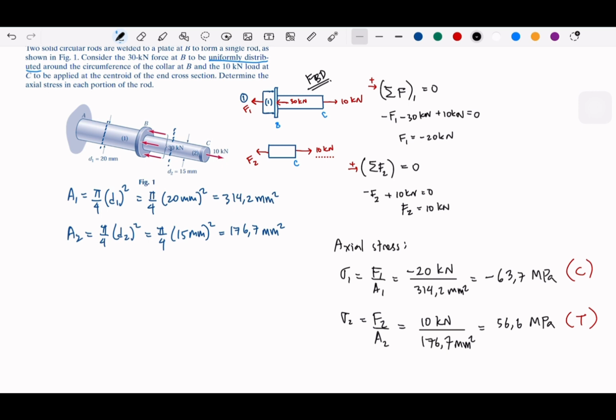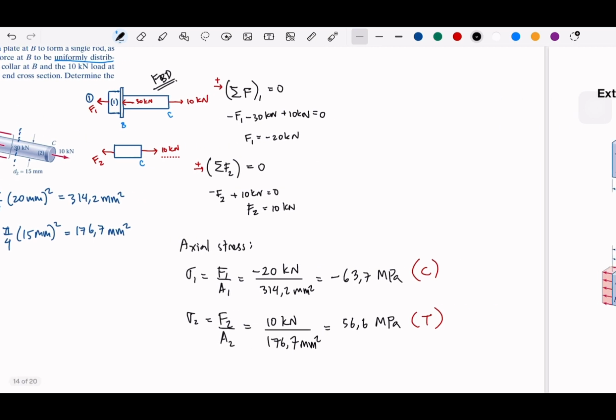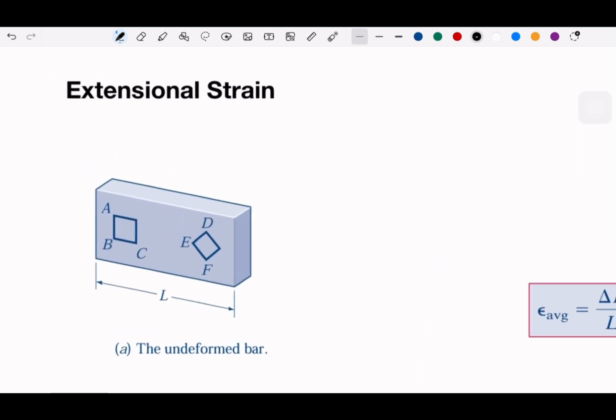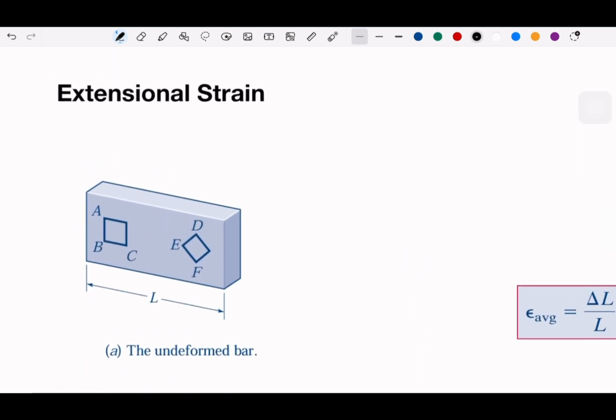So we have stress and strain, and we are going to see how they both relate to each other. So we call this the extensional strain. Okay.